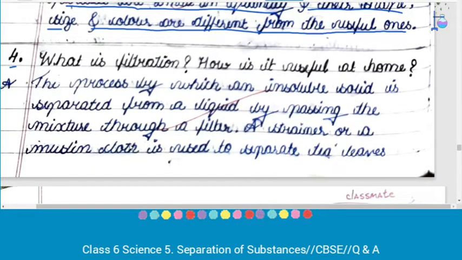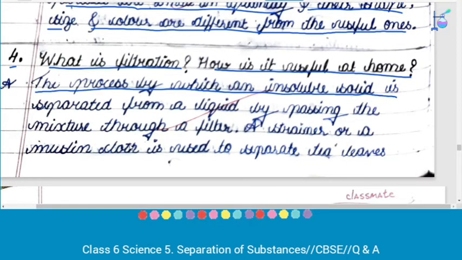Fourth one, what is filtration? How is it useful at home? Answer, the process by which an insoluble solid is separated from a liquid by passing the mixture through a filter.